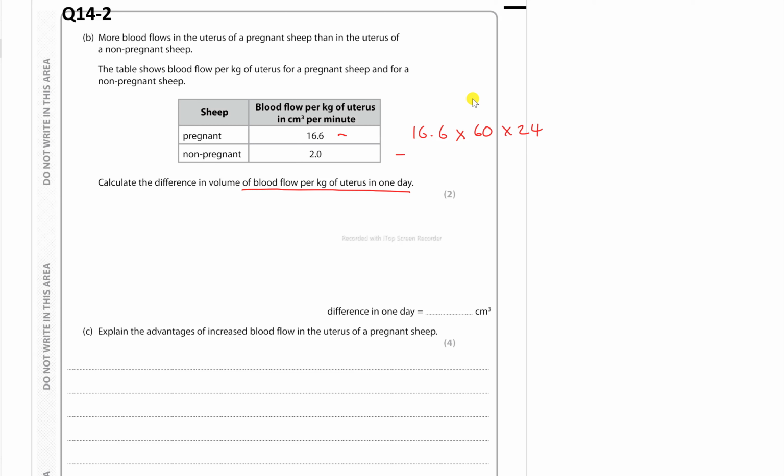And then you take away 2 times 60 times 24. And that's the difference of blood flow per day. So let's have a quick look at that. When you do that, you end up with 21,024 centimeter cubed per day, and that would go here.